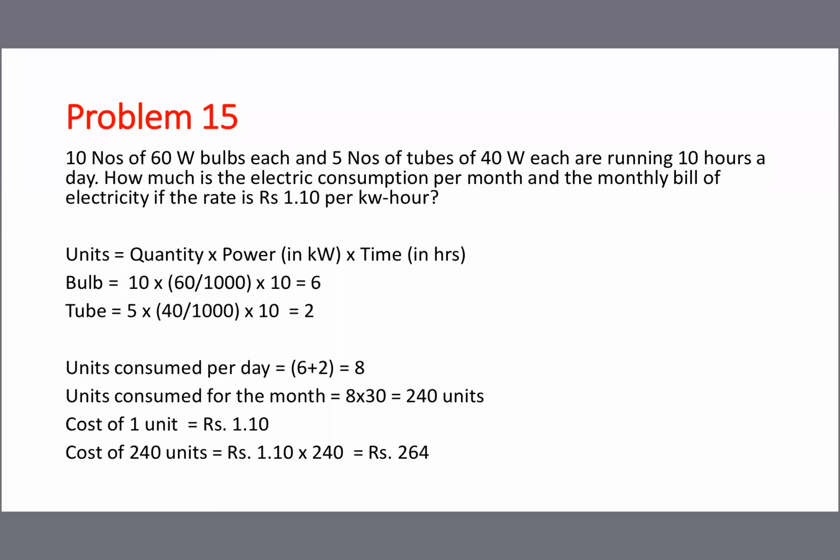One month they are asking, a particular month not specifically told. So assume a normal average of 30 days per month. So total units consumed per month is 240 units. And how much is the electrical consumption? 240 units. And the monthly bill they are asking.